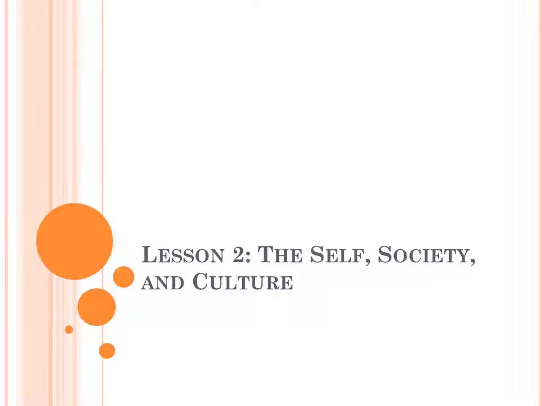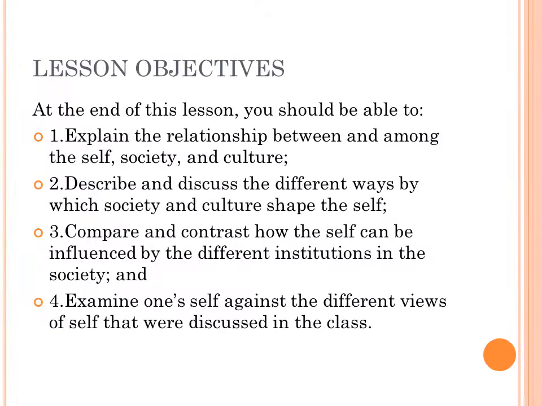Okay, class, so now our next lesson for Understanding the Self is Lesson 2, the self, society, and culture. The objectives of this lesson are the following. At the end of this lesson, you should be able to, first, explain the relationship between and among the self, society, and culture.